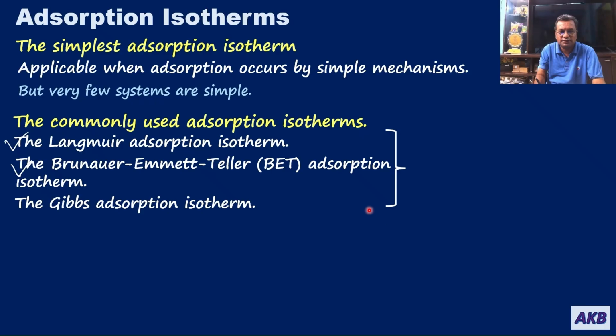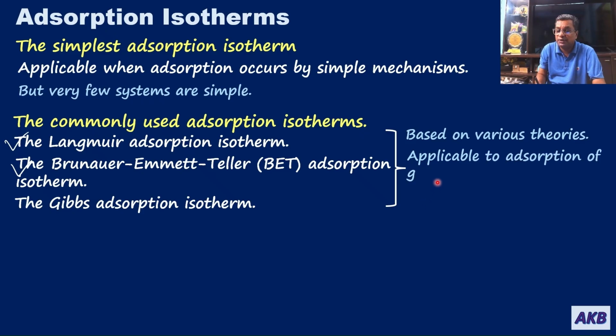All these 3 isotherms are based on theories that have been proposed in literature to explain the phenomenon of adsorption. They are applicable to adsorption of gases, that is, adsorption of a component from a gaseous mixture.